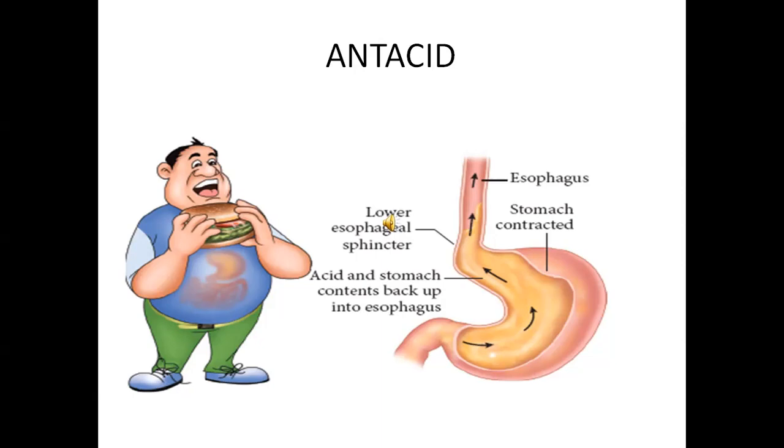Most of the common antacids are sodium bicarbonate, calcium carbonate, magnesium hydroxide, magnesium carbonate, and aluminum hydroxide. Here is the chemical reaction when magnesium hydroxide neutralizes HCl in the stomach and intestine.